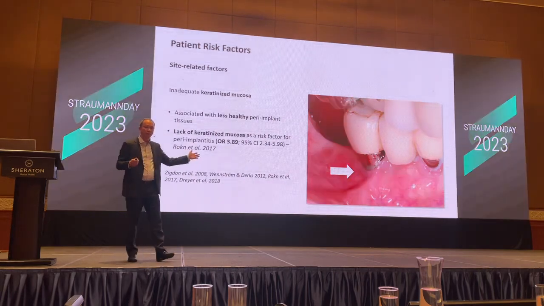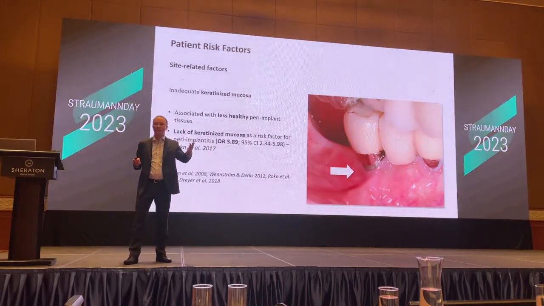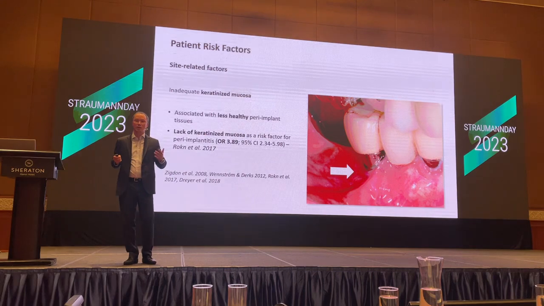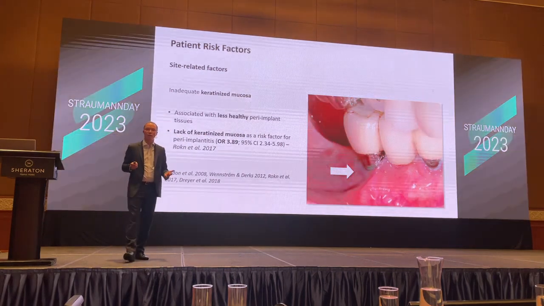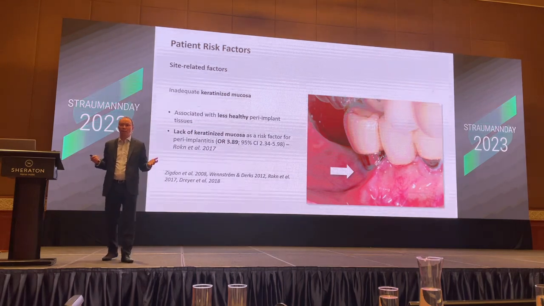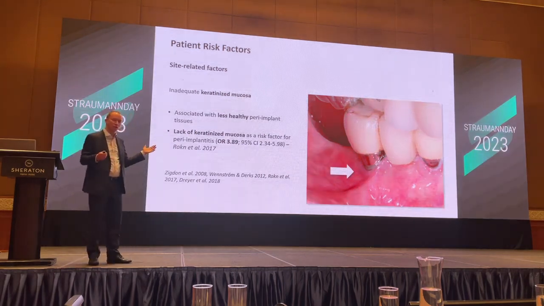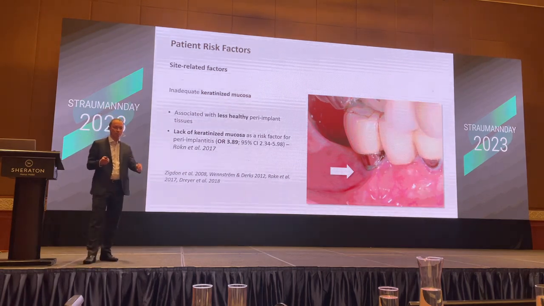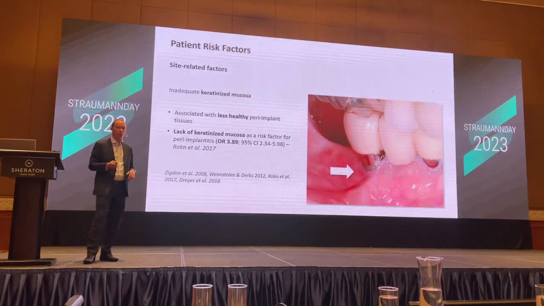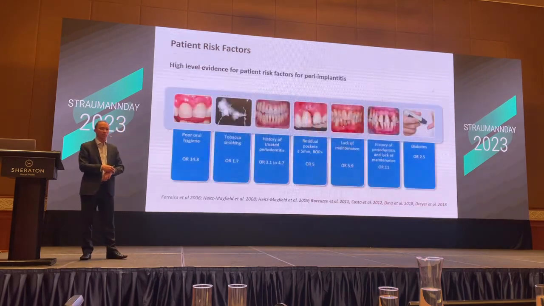And of course we spoke about that this morning, the other site-related factors in the periodontal patient, the lack of bone, lack of keratinized tissue, and so on. The evidence now is overwhelming for the need for good tissue, soft tissue thickness, and good zone of keratinized tissue for the patients.